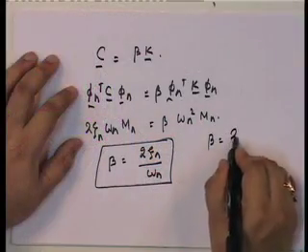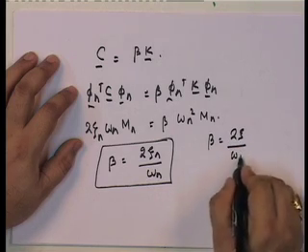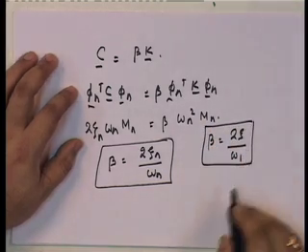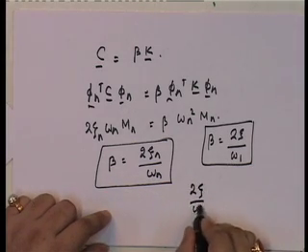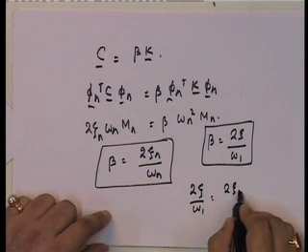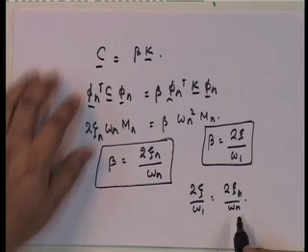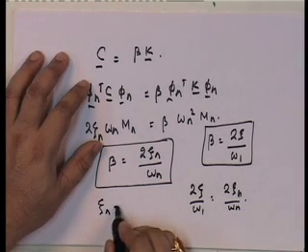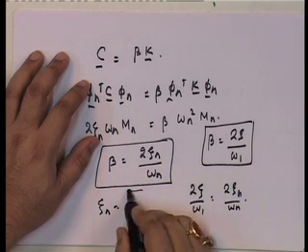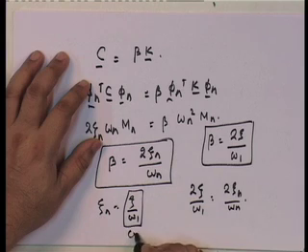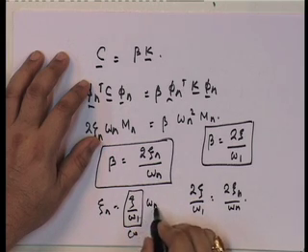What does that mean? Again, beta is one value, so I can fix it in mode 1. So, I can say that beta is equal to 2 xi upon omega 1. Once I have that, 2 xi upon omega 1 is equal to 2 xi n upon omega n, and therefore, xi n in all the higher modes is going to be equal to xi upon omega 1, which is a constant, into omega n.